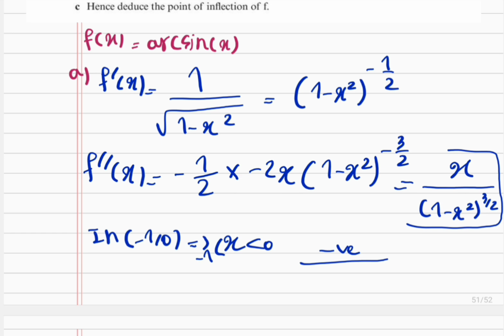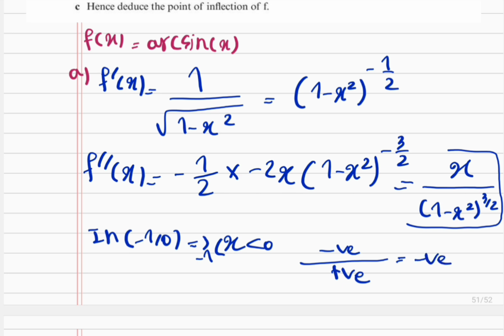For example, half squared is a quarter, and a quarter is less than half. So this simply means that x squared is always going to be a number that is less than 1. So when you do 1 minus that number, you get a positive number in the denominator overall. And as a result of that, the entire thing is going to be negative.